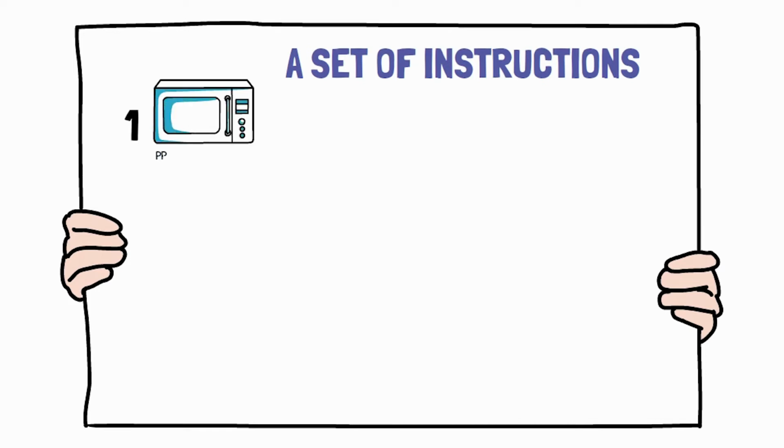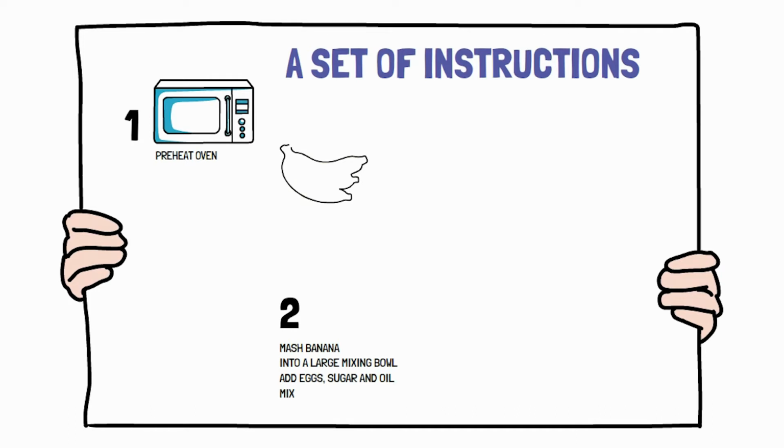First of all, we might be looking at preheating the oven, preparing the baking tin, and second of all, we started to mash the banana, put them in a large mixing bowl, add the rest of the ingredients, in this case the wet ingredients, which is eggs, sugar and oil.